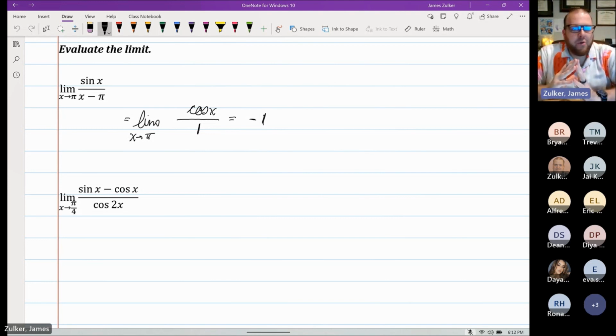And plug in pi over 4. We'll get 0 over 0. So we can use L'Hopital.